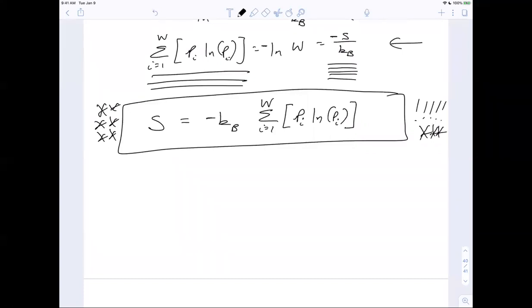All of the p sub i's represent a probability distribution function, which is normalized. We just showed that in this class, so we don't have to worry about it being a funky probability distribution function. It naturally comes out to be normalized. So it's a proper probability distribution function.